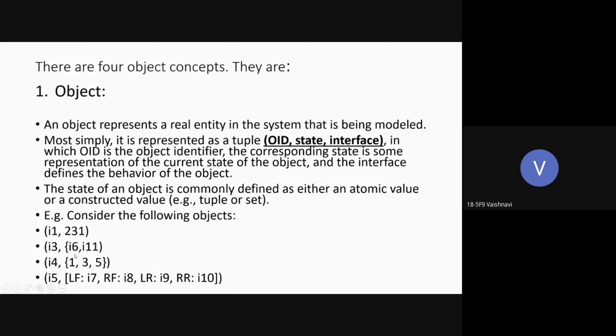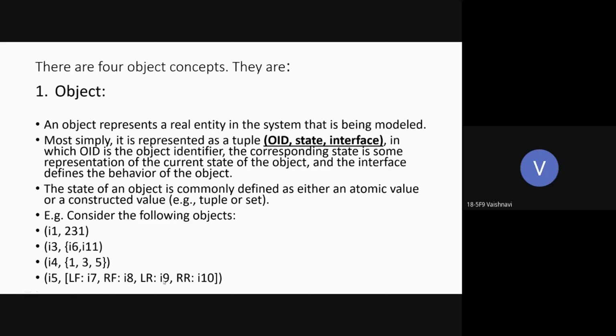Then what is the difference between I3 and I4? I4 consists of a set of values, whereas I3 consists of another object identifier, as you can see here, I6. Okay, then when we come to I5, this is an object identifier, and this is a tuple construction.